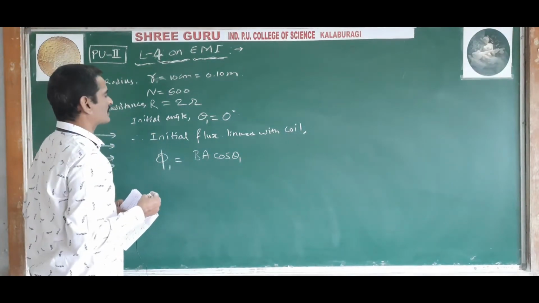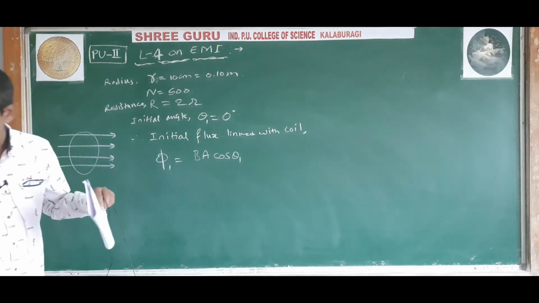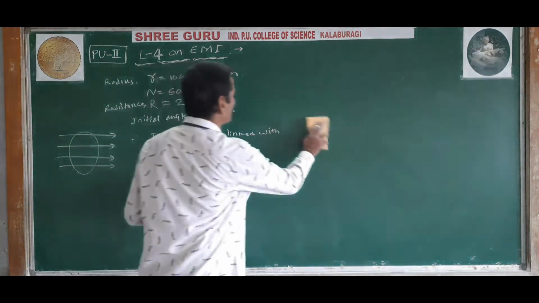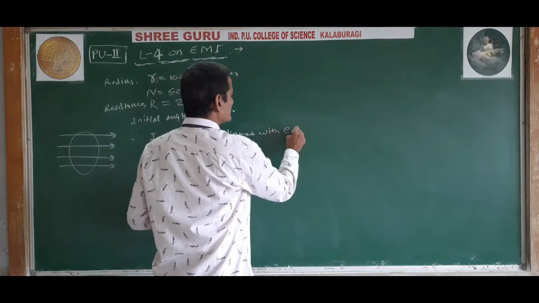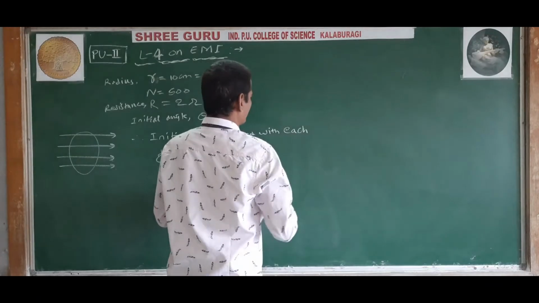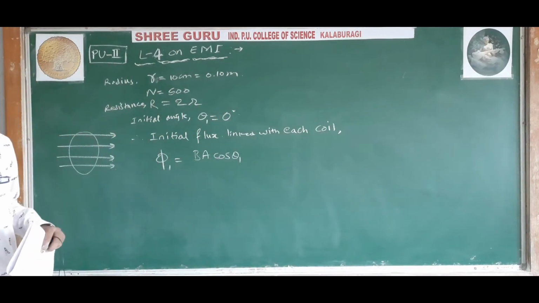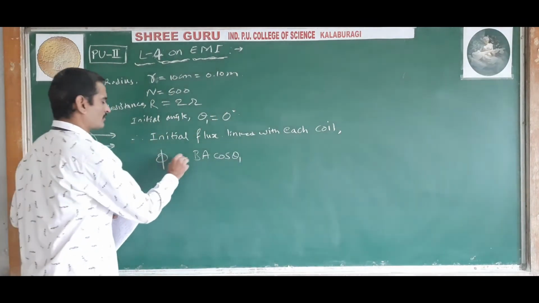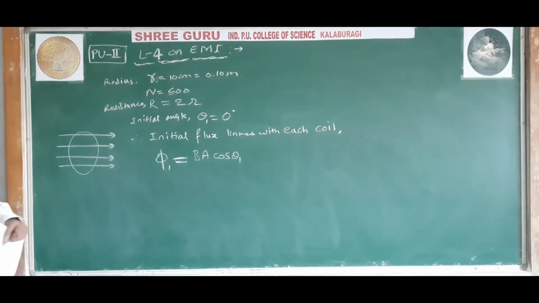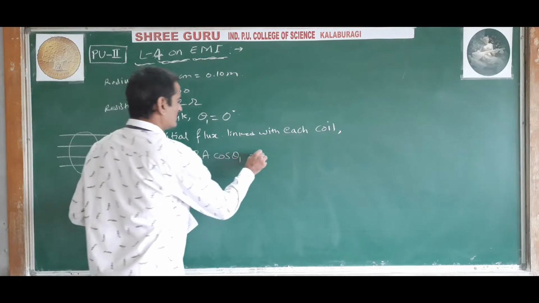But there are n turns, so for the initial flux linked with each coil, we consider only one coil, and at the end we will take it for n turns.